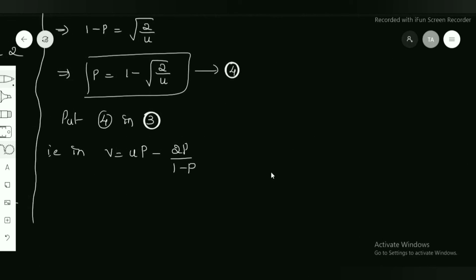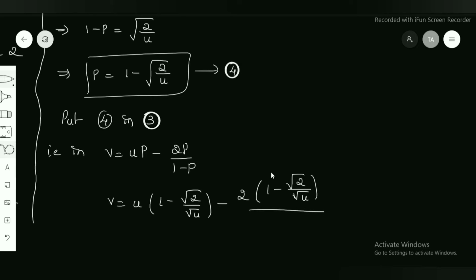We get v is equal to u times p, where p is 1 minus square root of 2 by square root of u, minus 2 times 1 minus square root of 2 by square root of u, divided by 1 minus square root of 2 by square root of u.